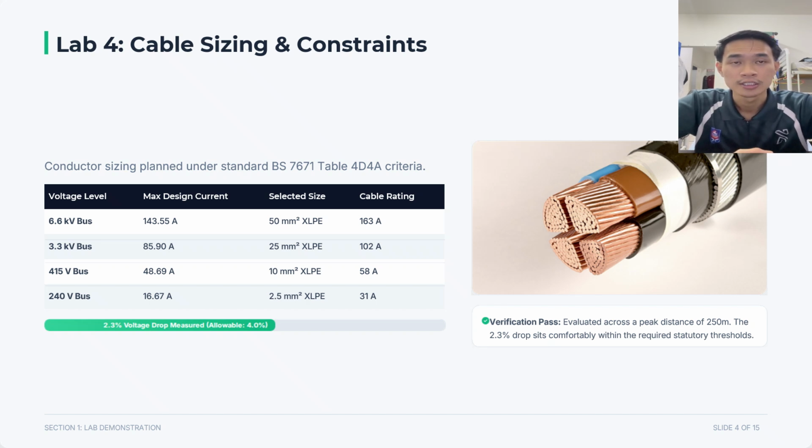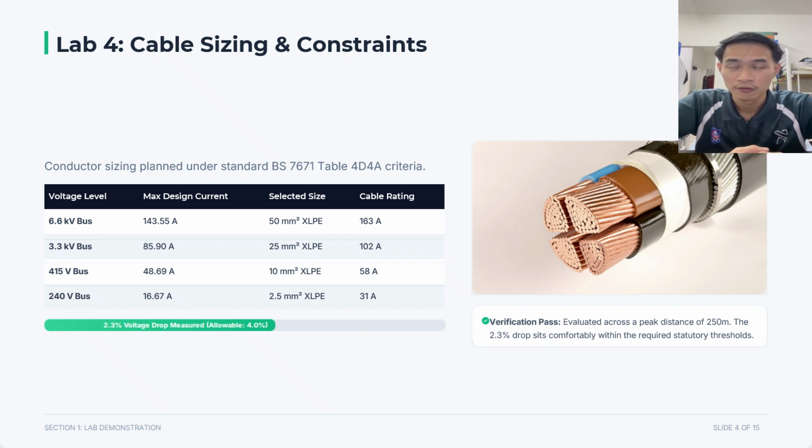For the 6.6 kV level, we selected 50 mm² cables rated at 163 amps. For the 3.3 kV level, we selected 25 mm² cables rated at 102 amps.